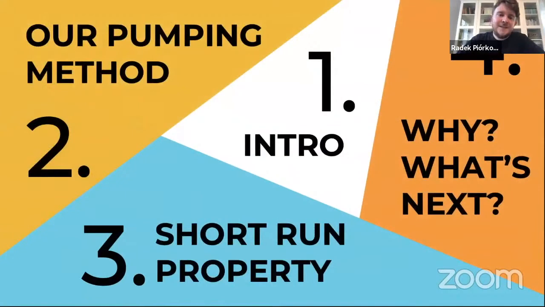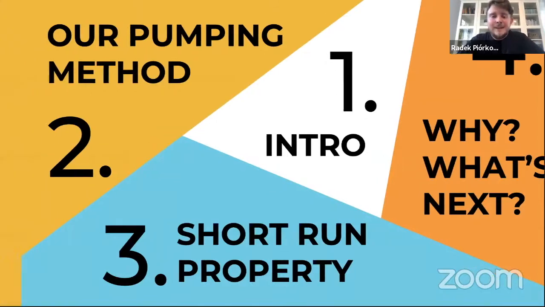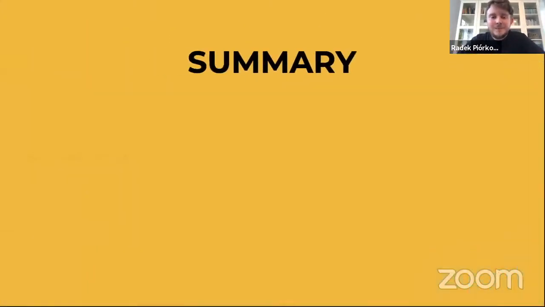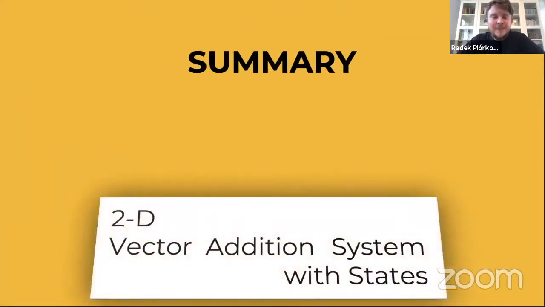So, in my presentation, I made a short introduction to the things we work with. And then I presented our pumping method, the short run property that can be proved using our method. And I discussed shortly the motivation. So let's sum up.